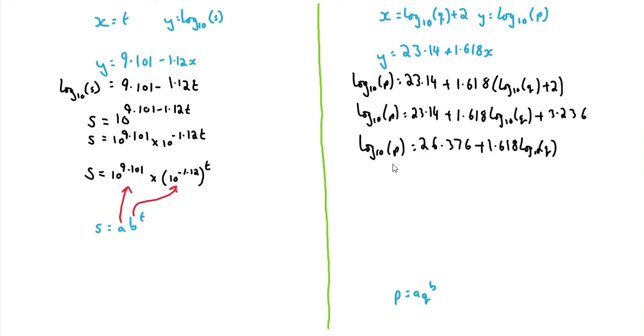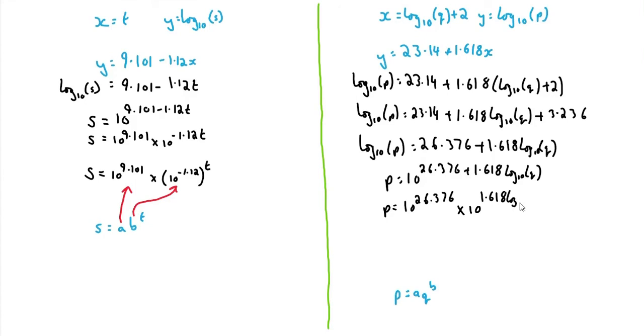From here, because we'll be looking to get the p on its own, we can now raise this right-hand side as a power of 10, which then in the next step we can specify is 2 lots of 10 to each of these individual powers, then just times together. So 10 to the power of the 26.376 times by 10 to the power of 1.618 log q.